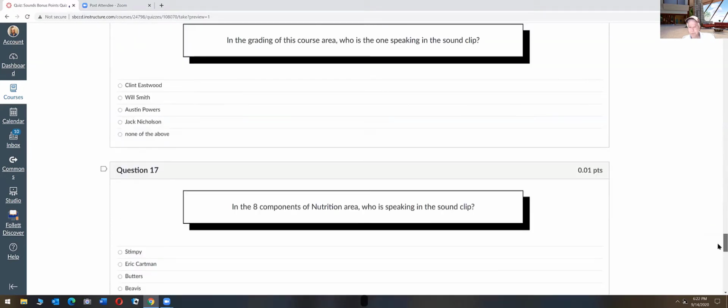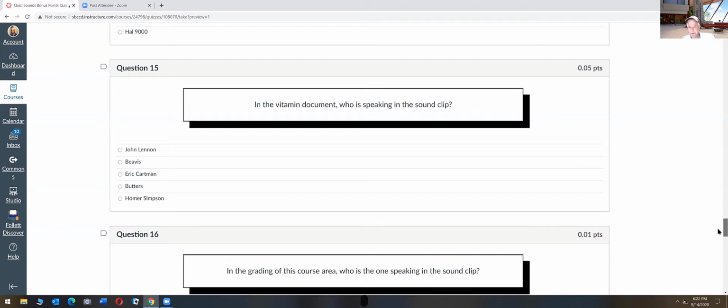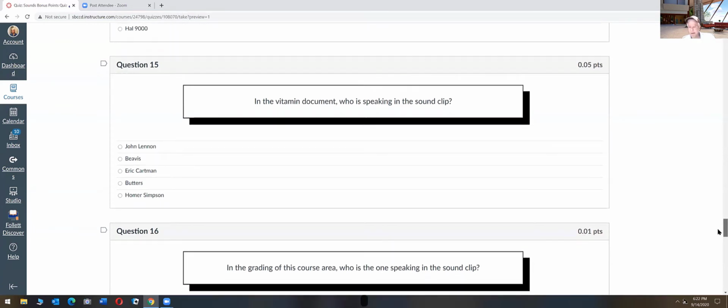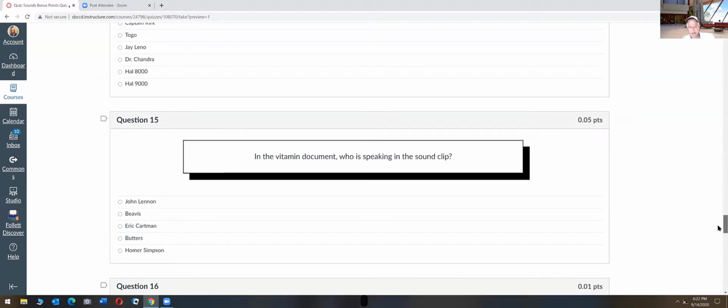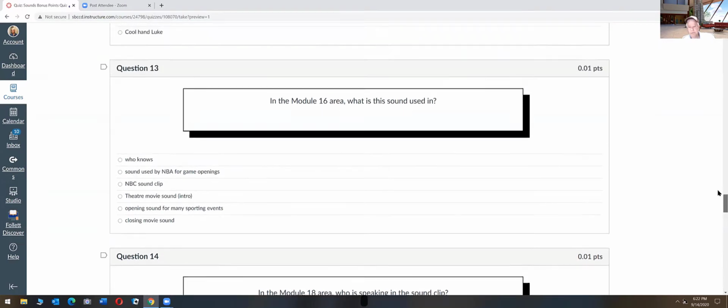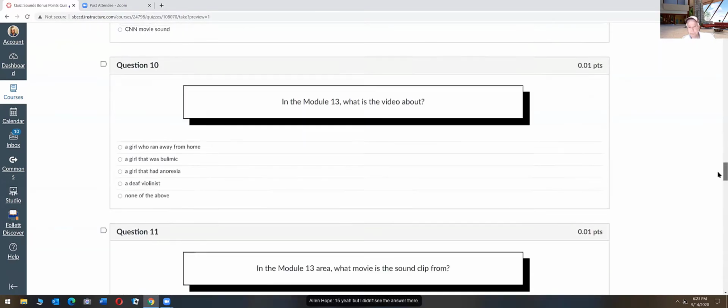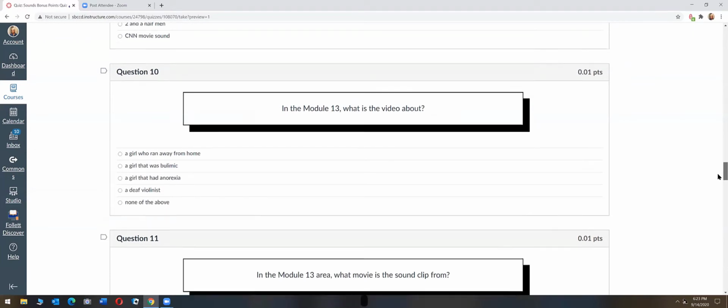I'm looking for not the 8 components. It's not that one. You have to find the one. I think it was question number 15?